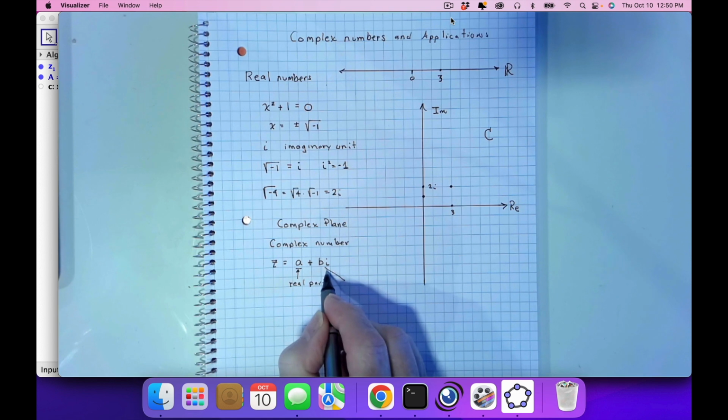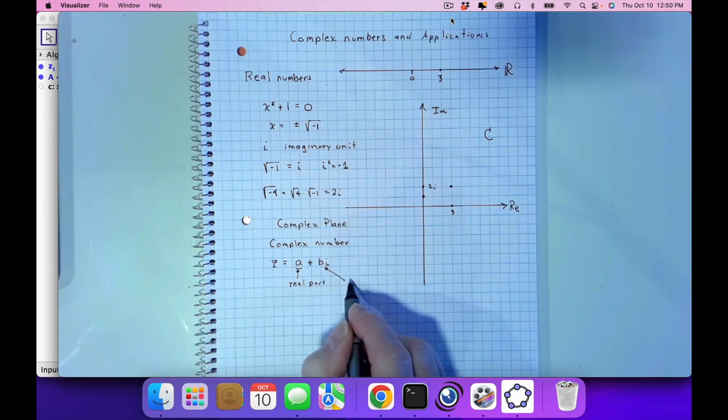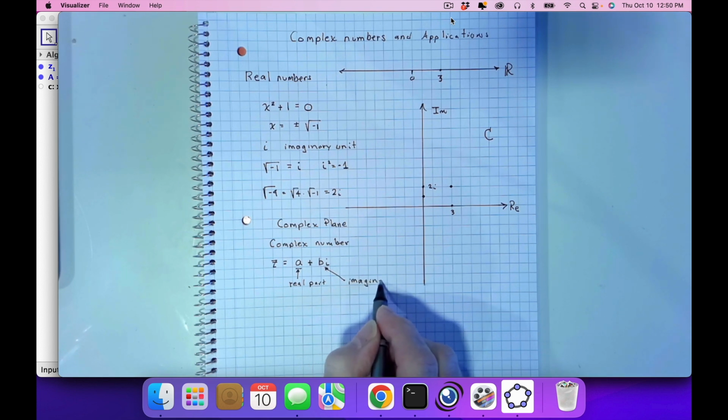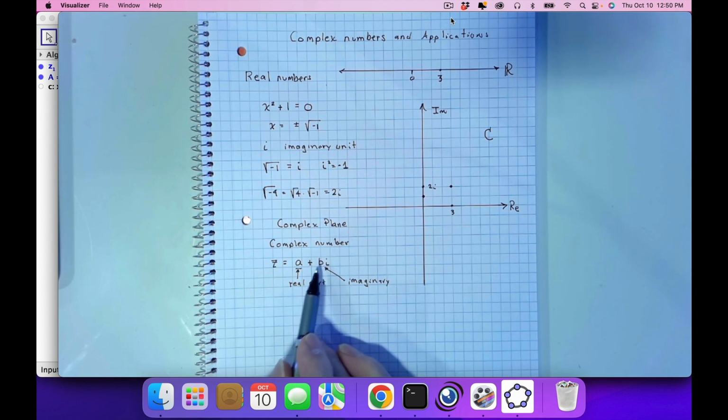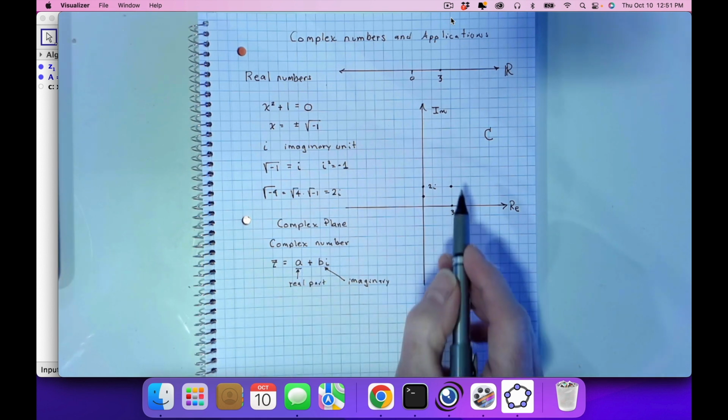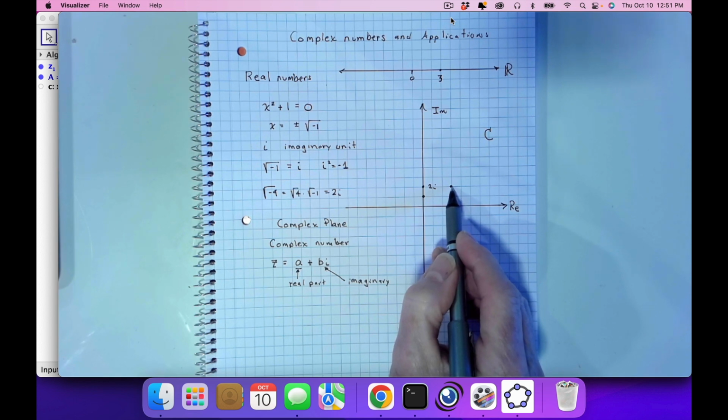And b, not bi, but b itself, is what we call the imaginary part. So a complex number has a real part and an imaginary part, and it corresponds to a point in the complex plane.